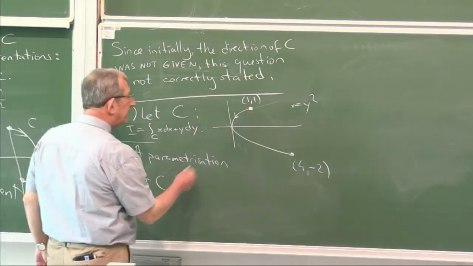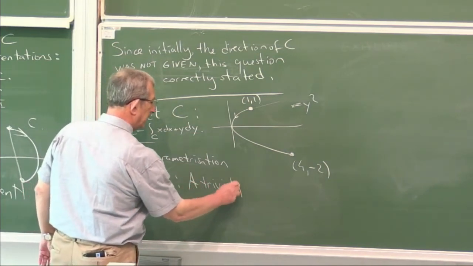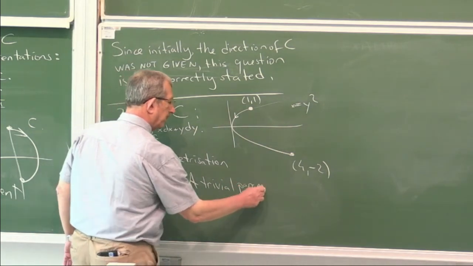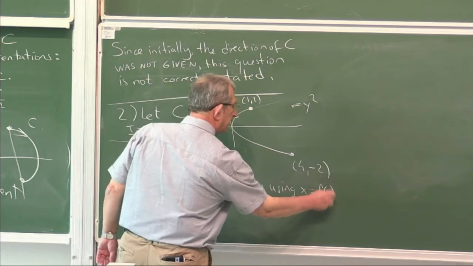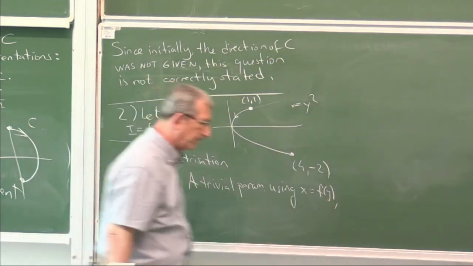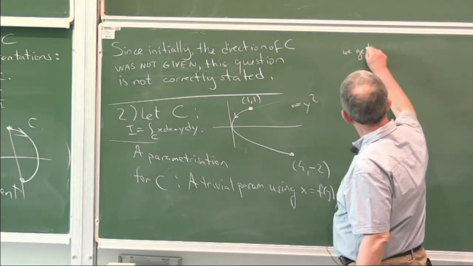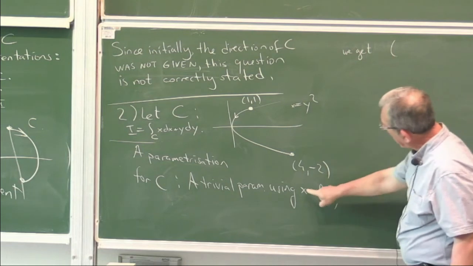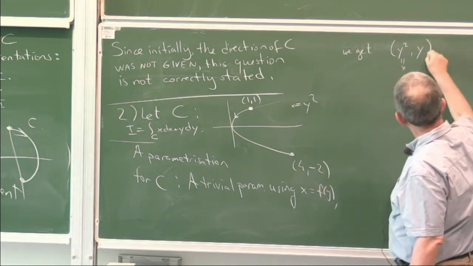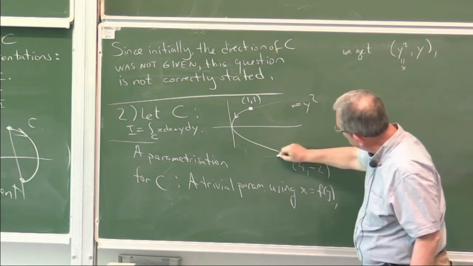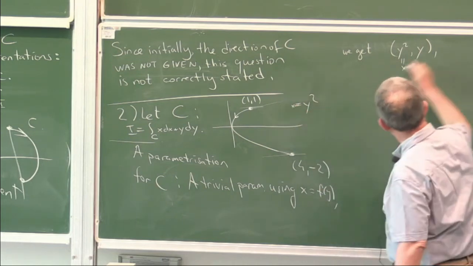So a trivial parametrization, using x as a function of y, where the roles of x and y are changed, we get x, that is y squared, and y. And of course, y changes from the lower value to the upper value, that is, minus 2 to 1.